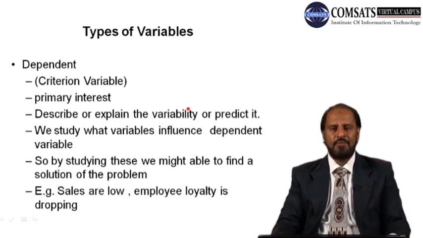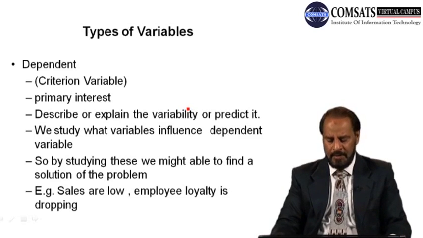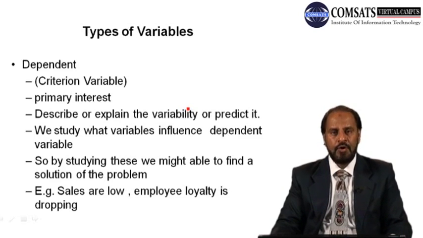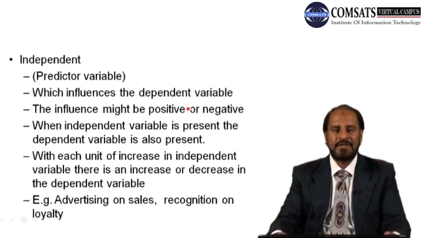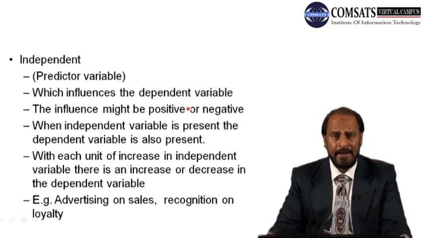To study more of these, we'll have to look at what an independent variable is. An independent variable is the predictor variable, as I said, that which influences the dependent variable. The influence might be positive or negative.